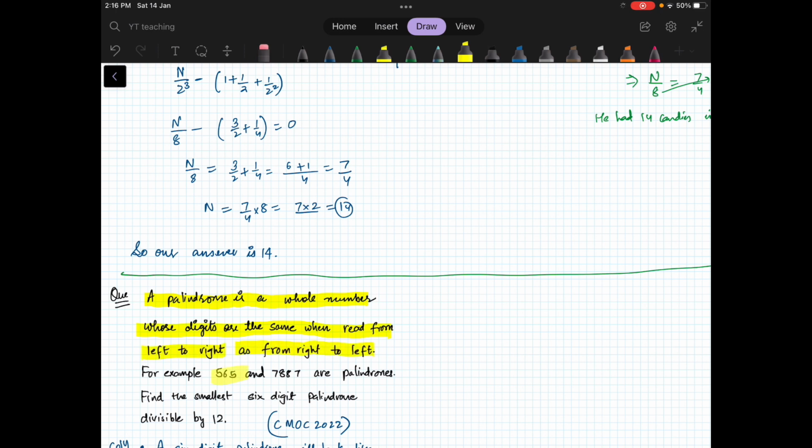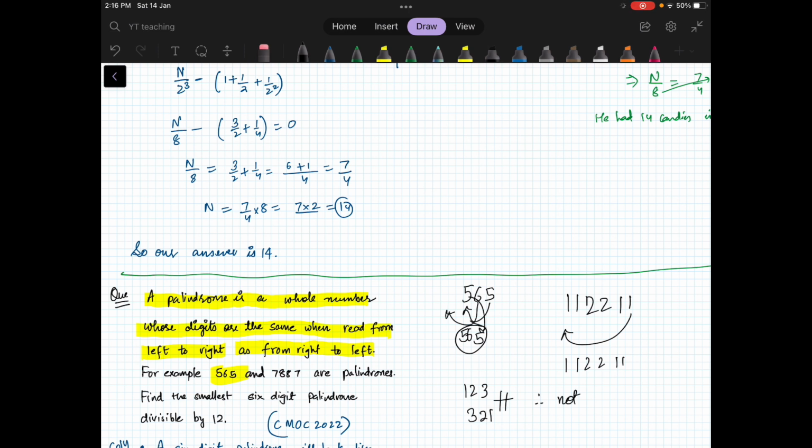For example, 565: if I write it the other way, 5, then 6, then 5, I get the same number back. For example, 112211: if I write it in reverse order, I get 112211, the same number. So this is a palindrome. For example, if I have 123 and I write it in reverse order, 321, they are not the same, so it is not a palindrome.